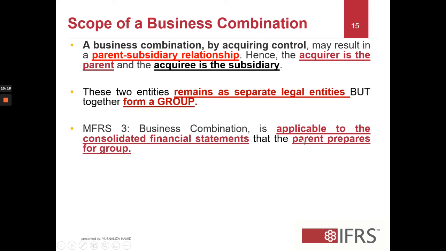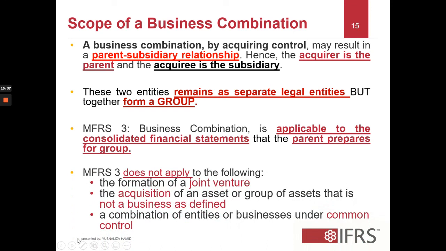When a parent prepares financial statements for a group, it is because the acquirer, which is the parent, has acquired control. As a result of acquiring control, the parent needs to prepare the combined result called the consolidated financial statement. So MFRS 3, however, does not apply to the following.